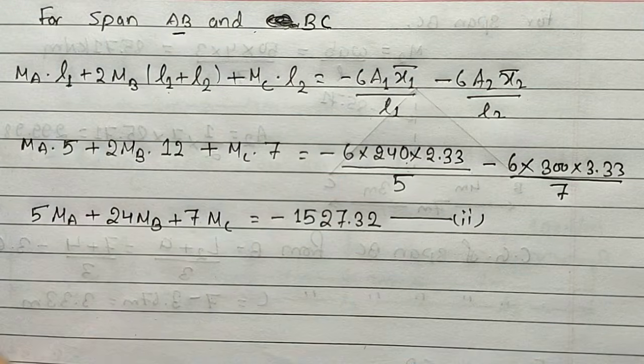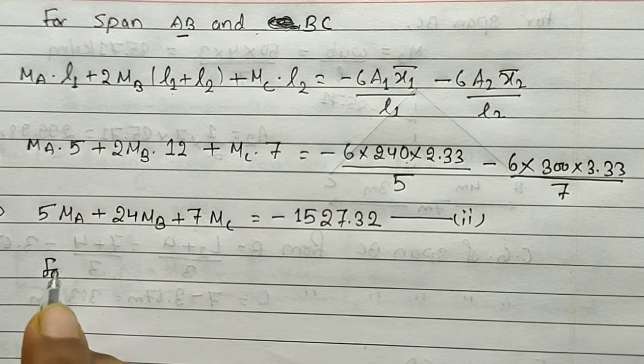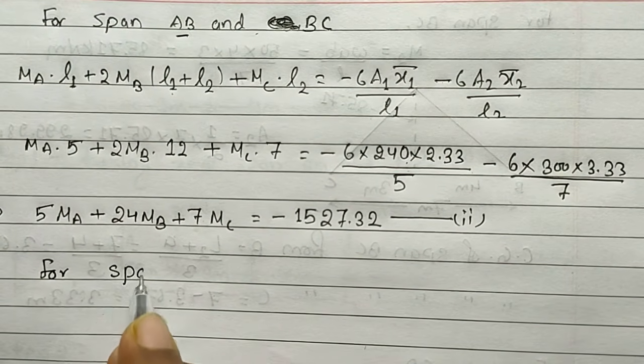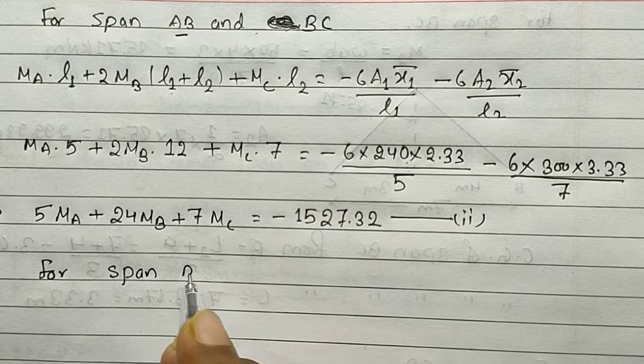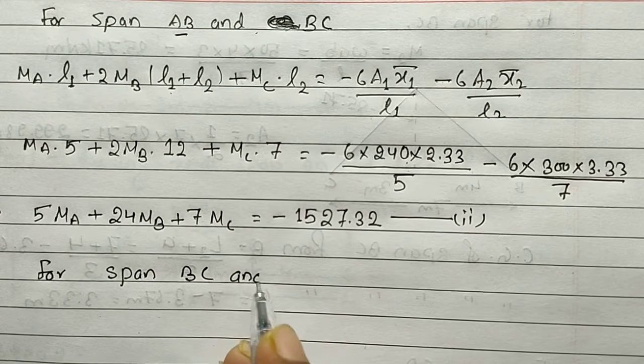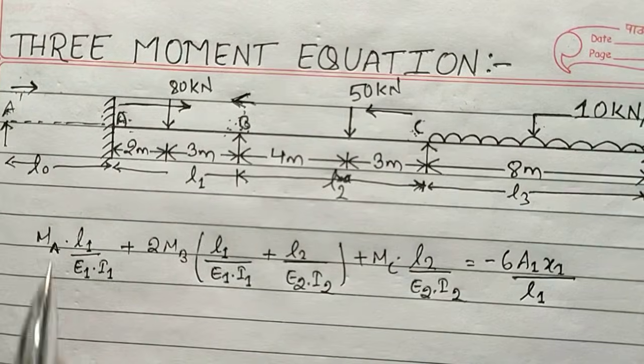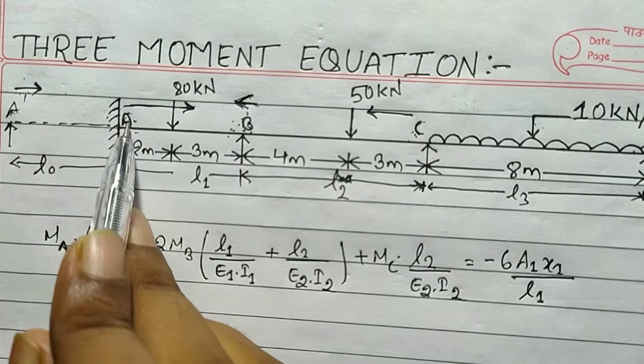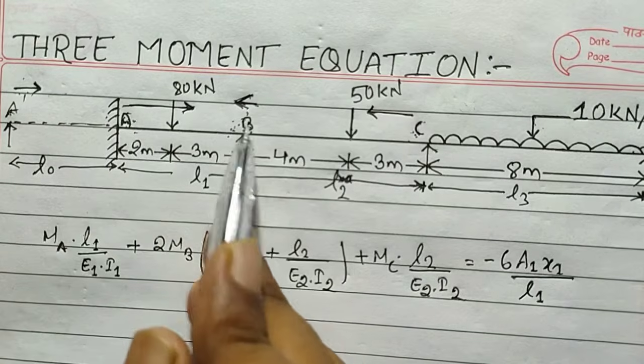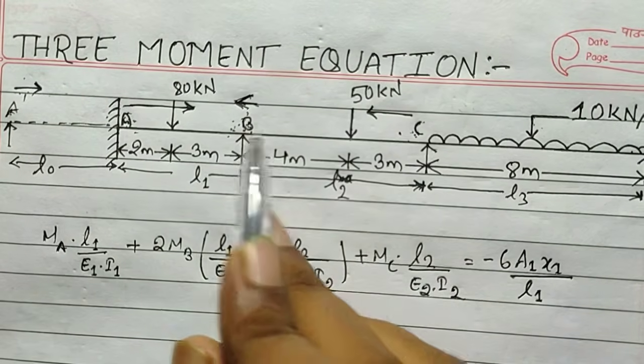Now we need to take span BC and CD. We need to move serially, taking A dash A and AB, again AB and BC, then BC and CD.